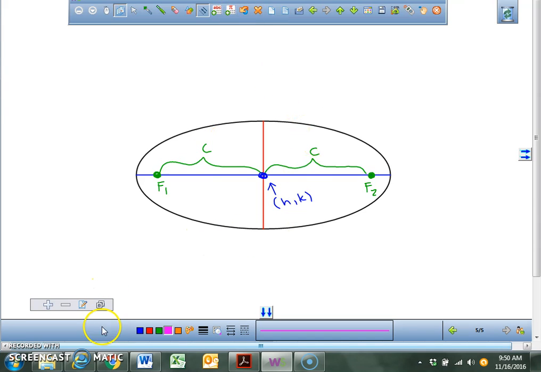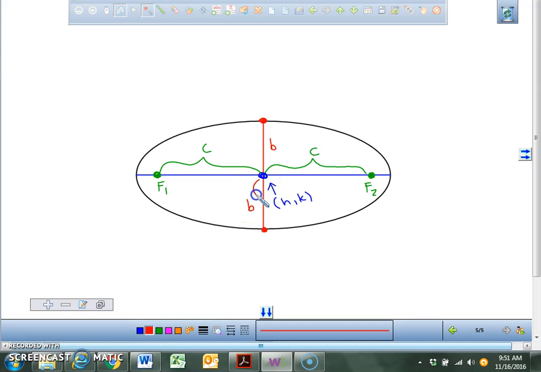Now, I want you to also understand, real quick, we're almost done with the video here. The distance from the center to one of the points along the minor axis, that's going to be the B value. Okay?